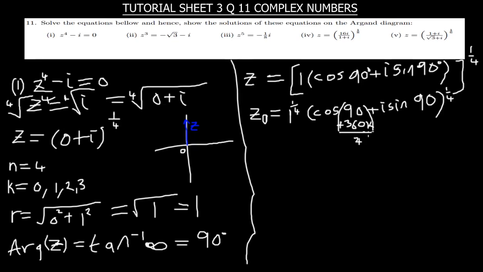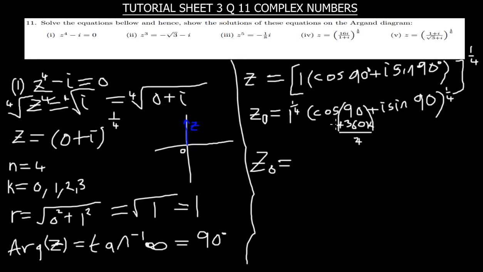0 times everything there gives me 0, and then 0 plus 90, I'll get 90. So 90 divided by 4. Let me write my z0 here. 1 to the power 1 over 4, I'll still get 1, 1 times everything there to still give me those same things. Then 90 plus 360 times 0, I'll get the same 90. Divide by 4, my answer will be 22.5.